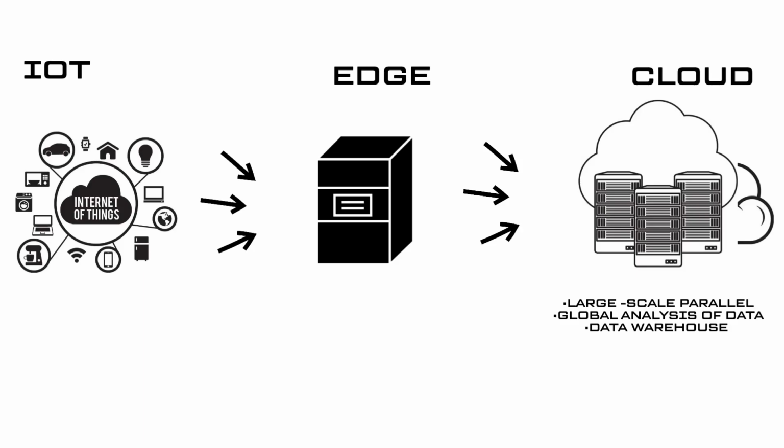It also conducts global analysis of data from all devices and acts as a data warehouse for all connected devices. In summary, data requiring real-time responsiveness is processed locally at the edge. Less time-sensitive data is sent to the cloud for historical analysis, large-scale processing, and long-term storage.